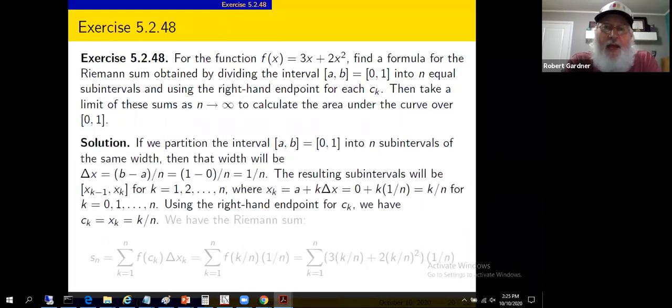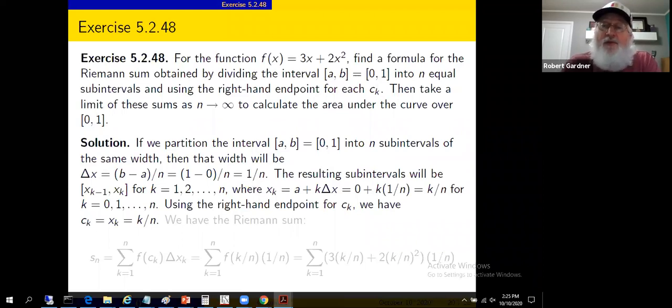Okay, as before, in the previous example, take the interval [0, 1], cut it into n subintervals of the same width. Use a regular partition. That width will be delta x equals 1 over n, as before.